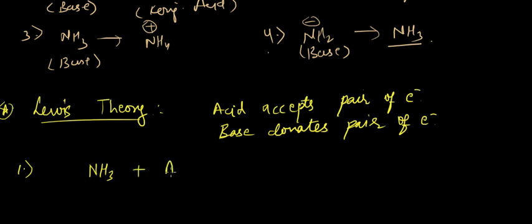Okay, so let us look at this example. We have something like this. So this is donating its lone pair, donating its pair of electron into the free d orbital of aluminium.